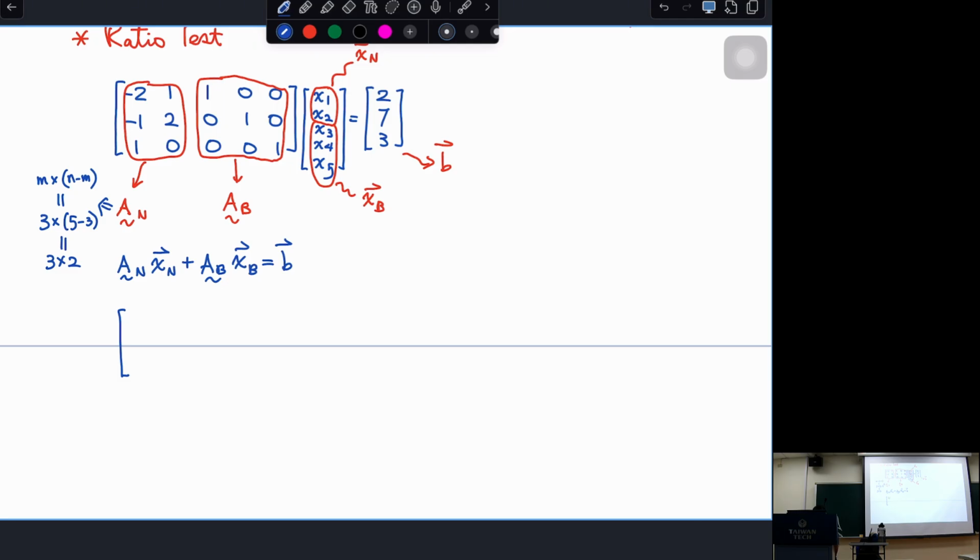Let me just put circles, components. So this circle represents the components. So the first one, second one, and the nth one. And here, it's like a 1,1, 2,1, and m1. Here you would have a 1,2, but here would be n minus m, right? So the circle represents the components.